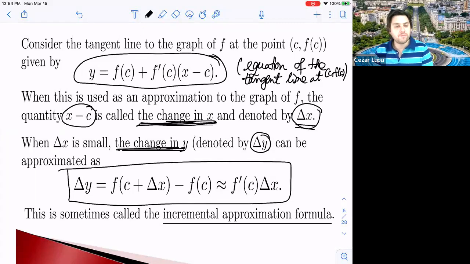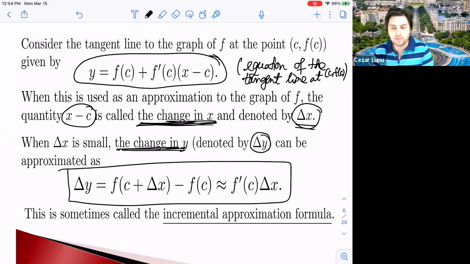All right, so once again, when delta x is small, the change in y, which is denoted by delta y, can be approximated in this way: f of c plus delta x minus f of c, which is approximated by f prime of c times delta x. Sometimes we call this the incremental approximation formula.